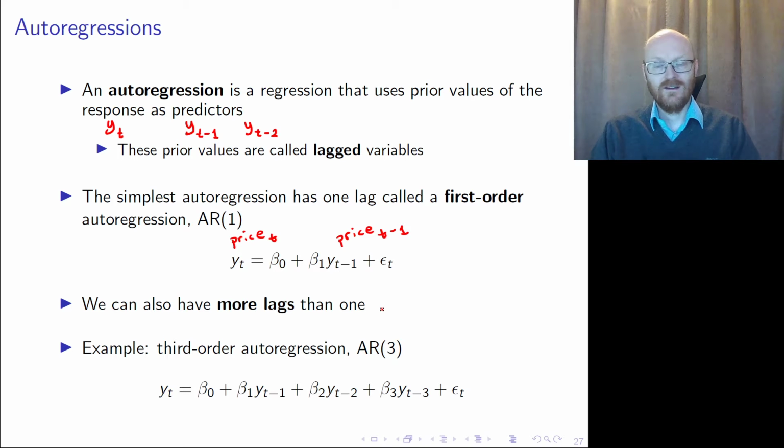For example, yesterday or previous hour or last year. And you can also add more lags. For example, you can have a third order autoregression, AR3, which contains all of the lags at time t minus 1, t minus 2, and t minus 3.